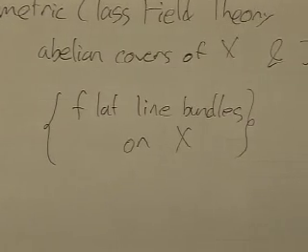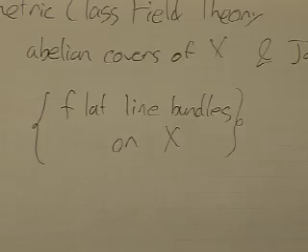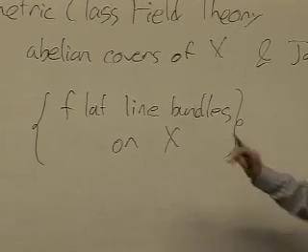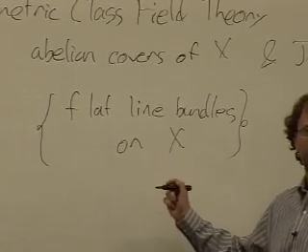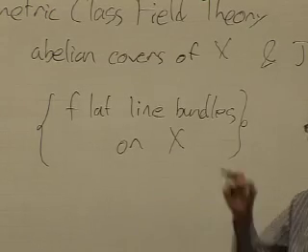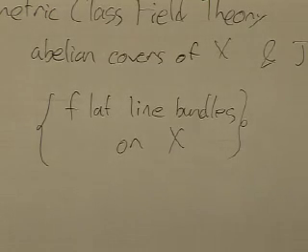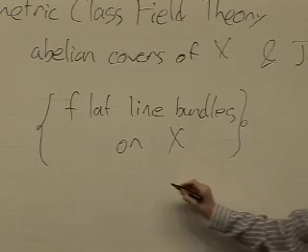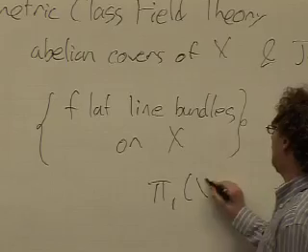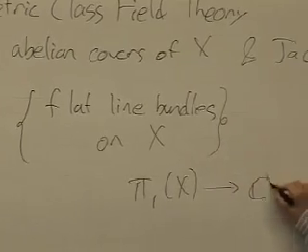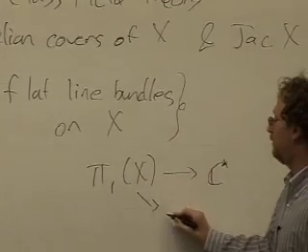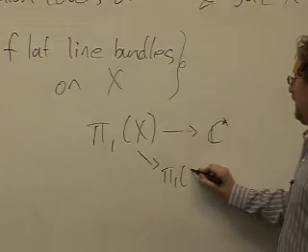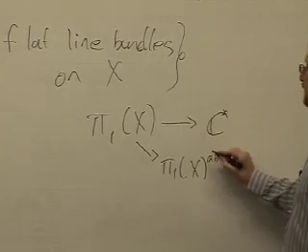Well, you can think of it in many ways, but right now I want to think of it in terms of its monodromy. If I have a line bundle with a flat connection, it's completely determined by, for every path in X, a monodromy, which is a number in C star. So we get a homomorphism from pi 1 of X to C star, but this factors through the abelianization of pi 1 of X.